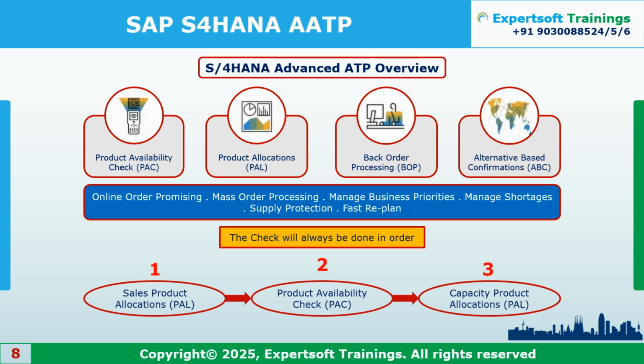And it provides the SBC, supply based confirmation, and interactively you can promise the dates if your ongoing BOP is not satisfying. So release first strategy, these are some of the functionalities which AATP offers. We'll go one by one at the higher level to see what each functionality is. Okay, let's start with the PAC.